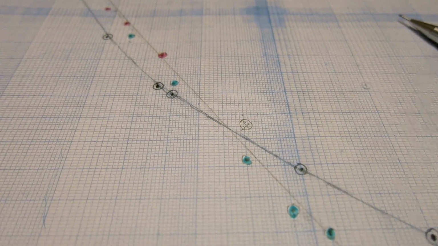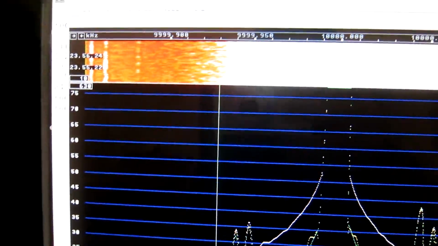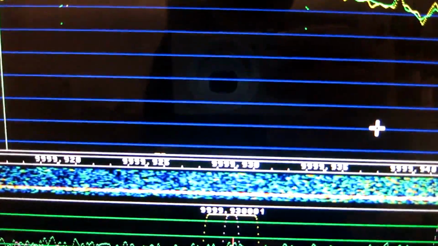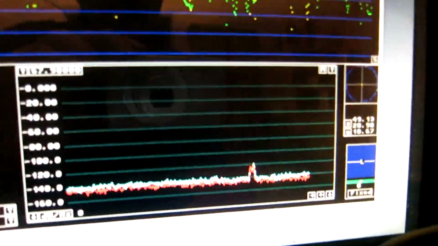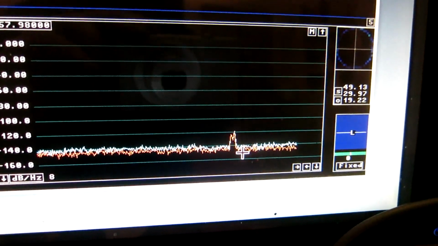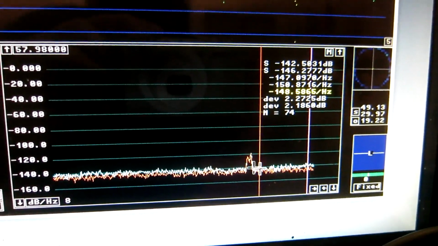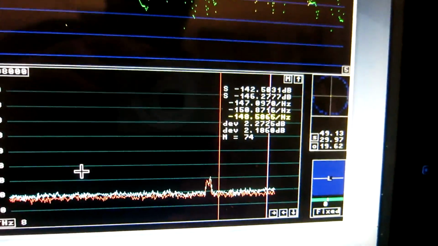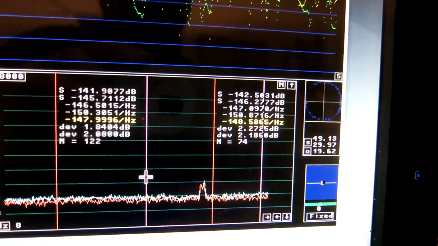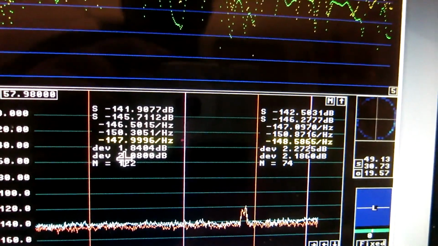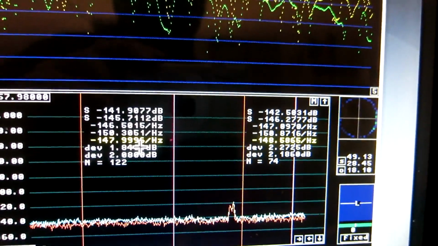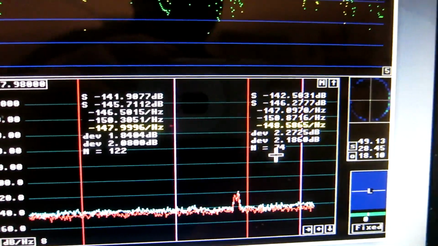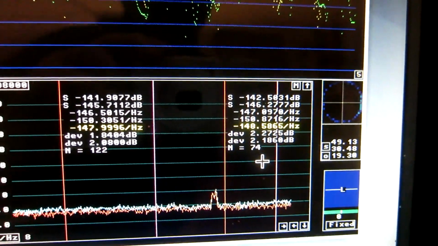whether this holds. 70 Hz offset on the low side, 93000. The power spectrum is similar here, 148.6. On the upper side I had, it's a significant difference, 147.99. That was 148 and this is 148.5.